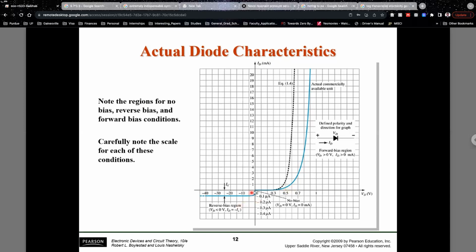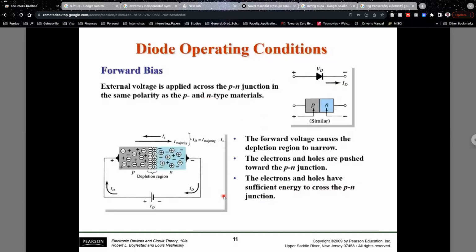On the other hand, in the reverse bias region, when VD is negative, on the negative or left-hand side of the x-axis, you'll see that the amount of current is very close to zero, but it is not exactly equal to zero. Why is that? Because in any kind of device, there would be some amount of leakage. What is the source of this leakage here?